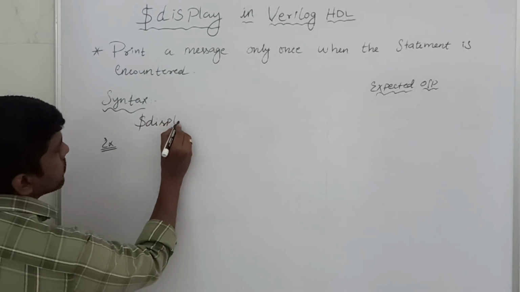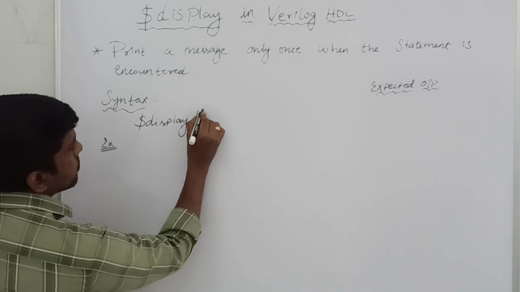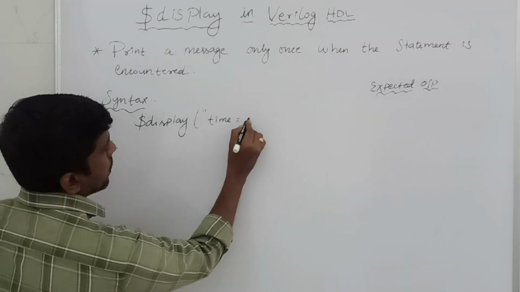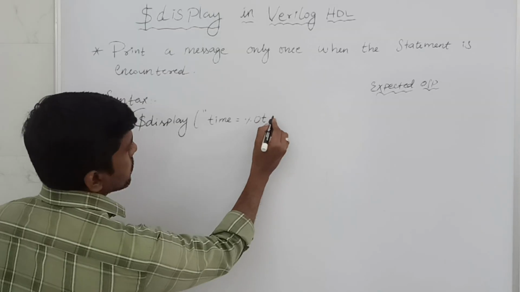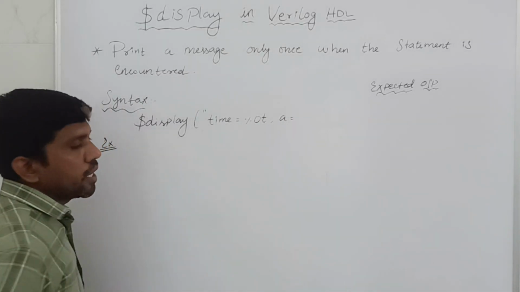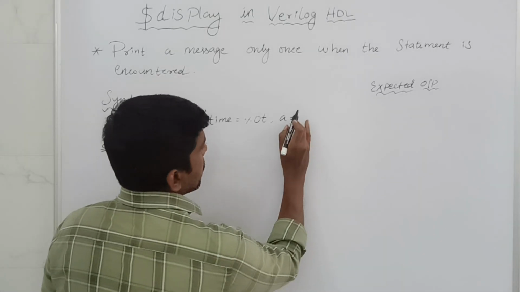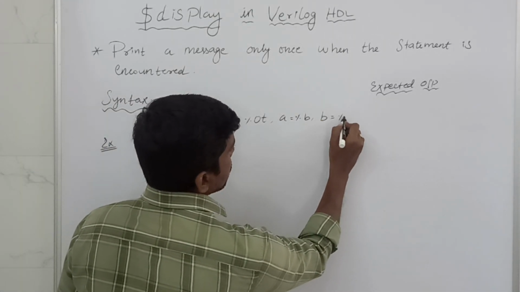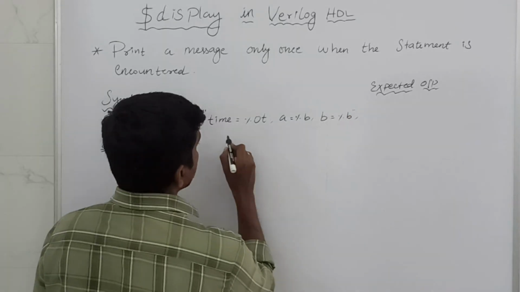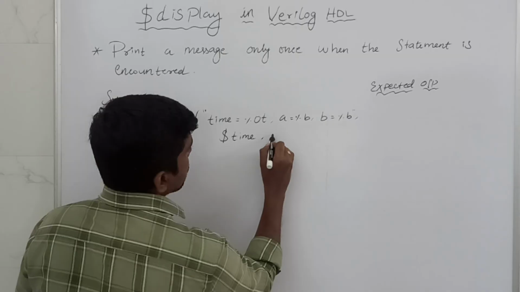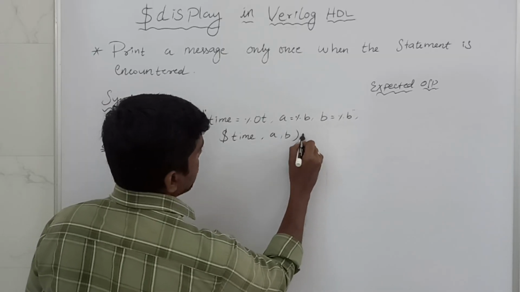First I write the syntax of $display: $display("time = %0t, a = %b, b = %b", $time, a, b). Here I am taking two variables, a = %b and b = %b, then $time, a, b.